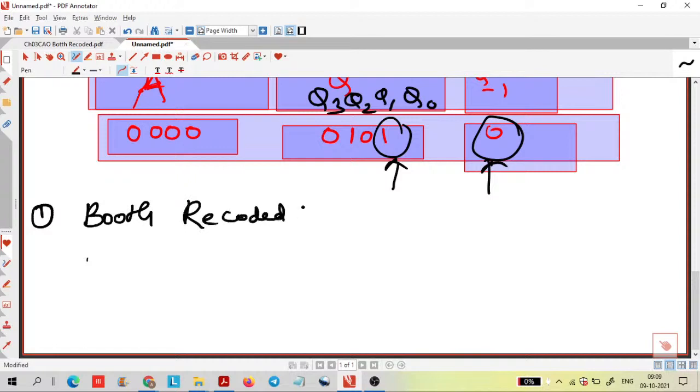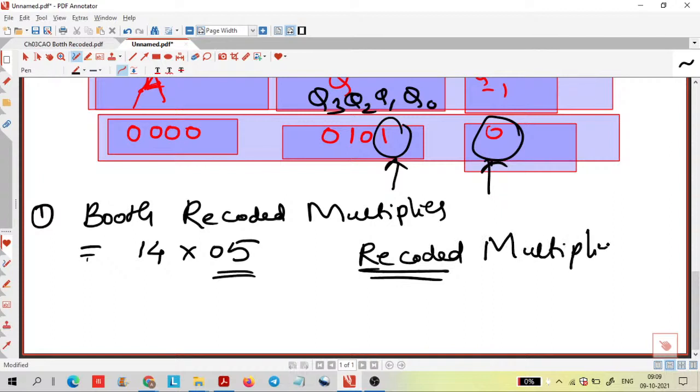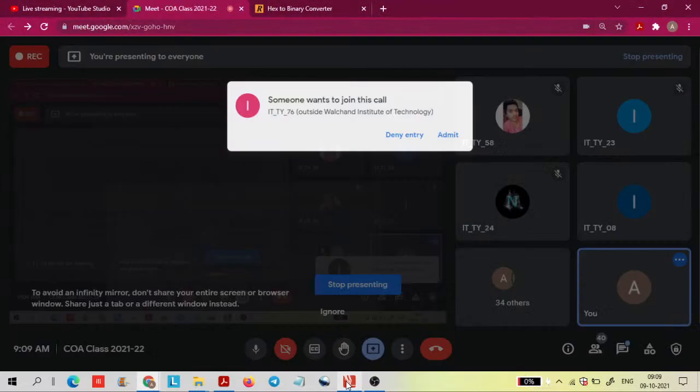Booth recoded multiplier. So in this case, what are we doing? Suppose it is 14 into 5. For this, whatever multiplier value we get, we recode the multiplier value with the rules.